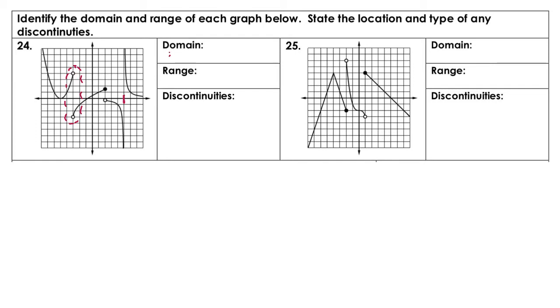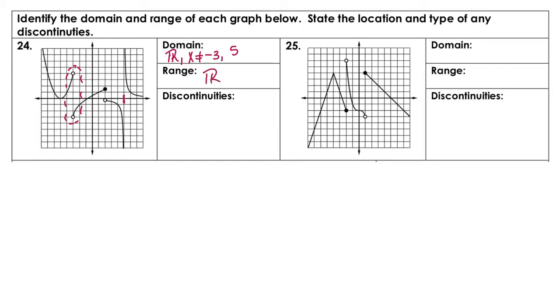So our domain looks like it's all real numbers except at negative 3, and also over there at 5. Our range is far from the bottom to the top. That looks like everything's accounted for, so that's going to be all real numbers.